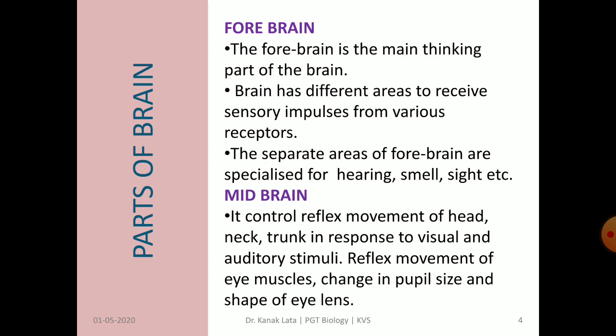Midbrain controls reflex movement of head, neck, trunk in response to visual and auditory stimuli. Reflex movement may be movement of eye muscle, change in pupil size and shape of eye lens.